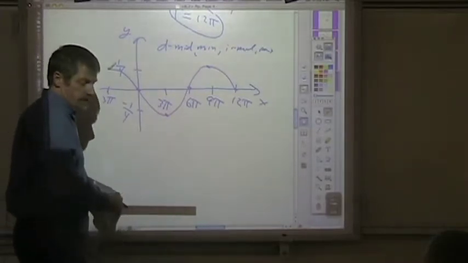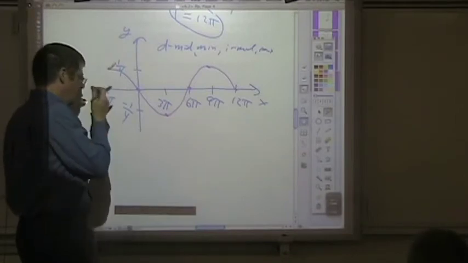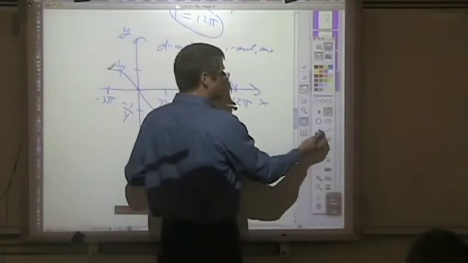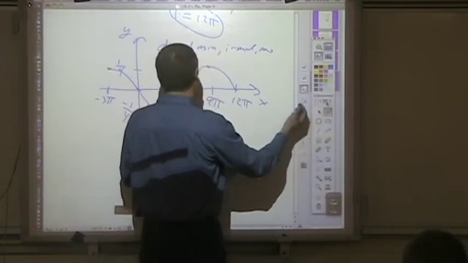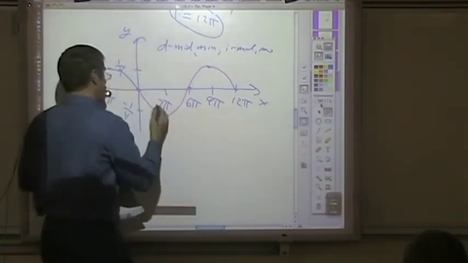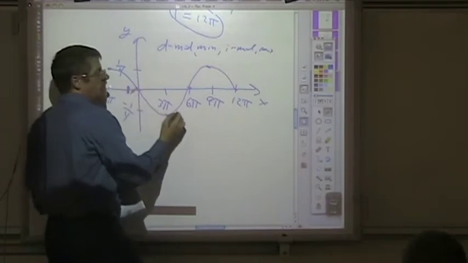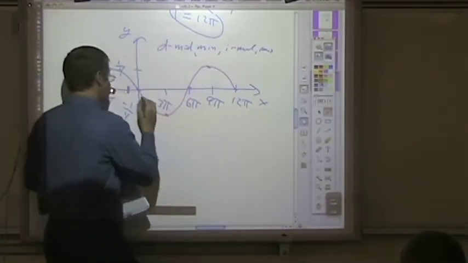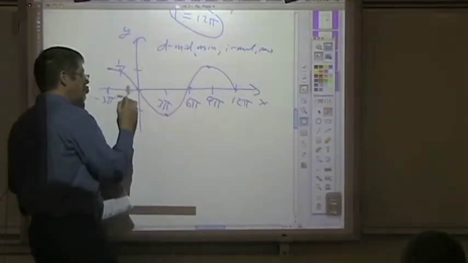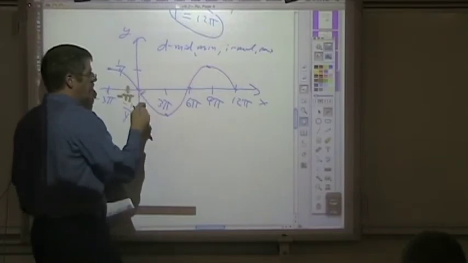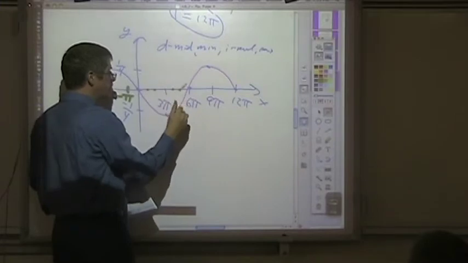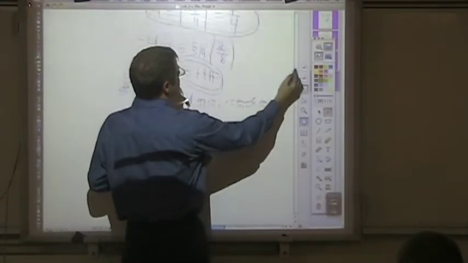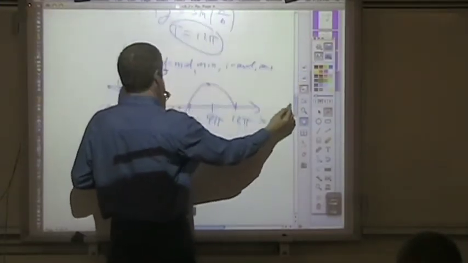We need to go from negative pi. I can kind of see which golf ball that is. So I'm going to switch to green for the final answer. We'll go 4-point green. Here's negative pi. 1, 2, 3, 4, 5. And here's 5 pi. What was it? It was square bracket on both.